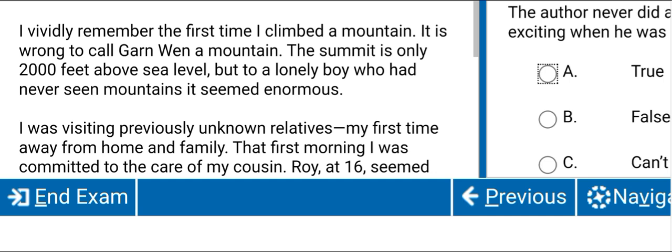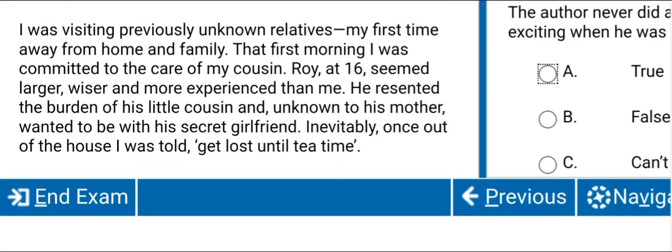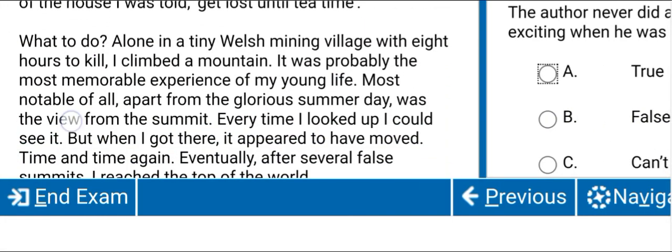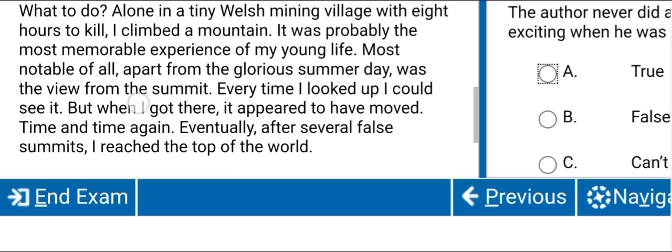Now you can see we have the same passages if you wanted to read. You can take a look at these passages once again, and then you can choose your keywords to find out your answers, whether the statement that is given is true or not.